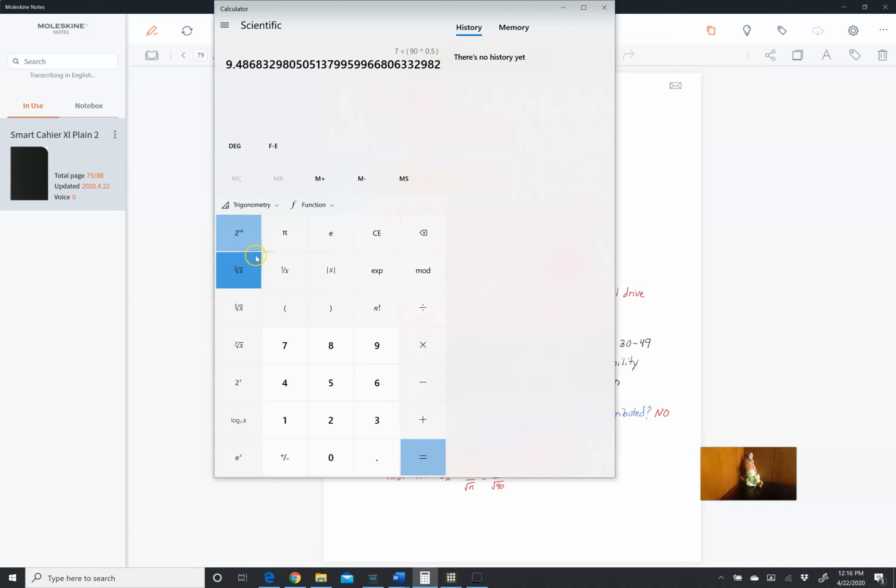Oh, we have square root here. So you can see it's the same thing. We have 7 divided by, and then, sorry, let me clear that. 7 divided by, and I'm going to put it in parentheses. 7 divided by, and you type in the number first.